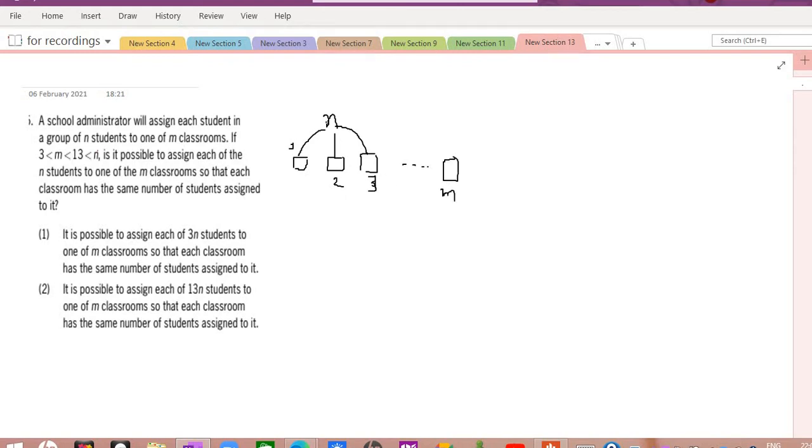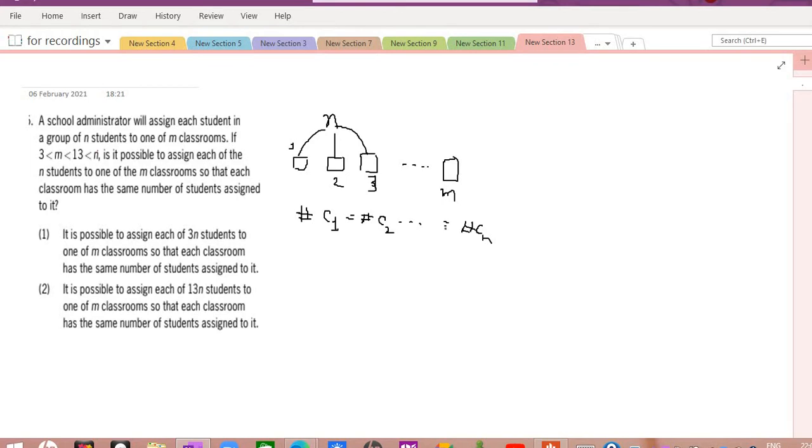These n students are each assigned one of the classrooms, such that each classroom has the same number of students. So the number of students in classroom 1 is equal to the number in classroom 2, is equal to the number of students in classroom m. Does it make sense?